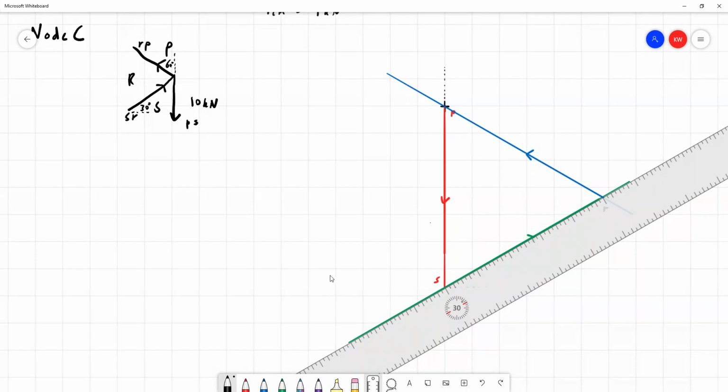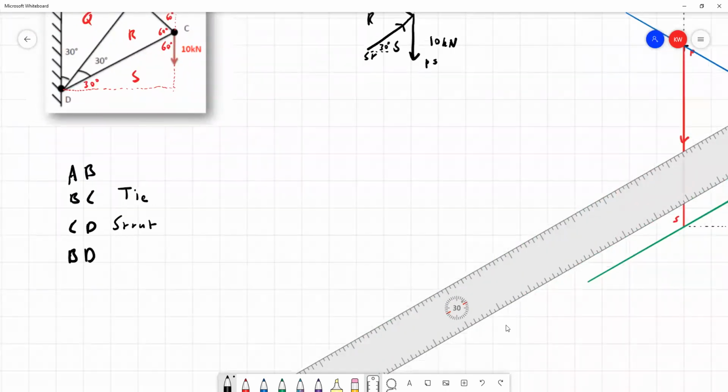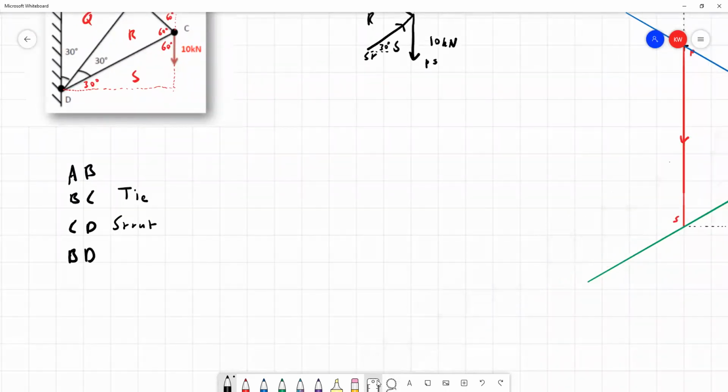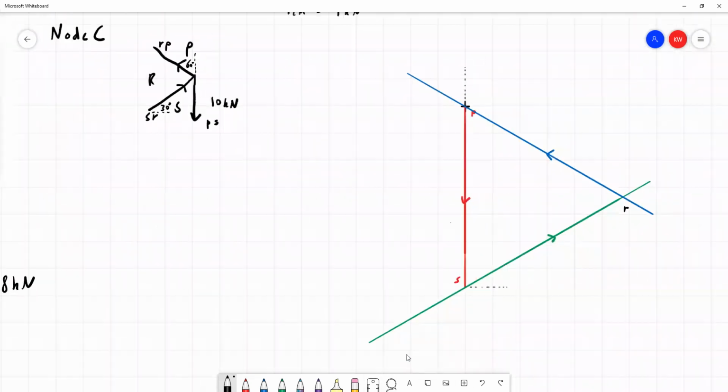So if you had done a 1 centimetre to 1 kilonewton scale, you should be measuring a line of about 9.8 centimetres, which would tell you that the CD strut has a magnitude of 9.8 kilonewtons. And I could see it was about 10 on my measurements.